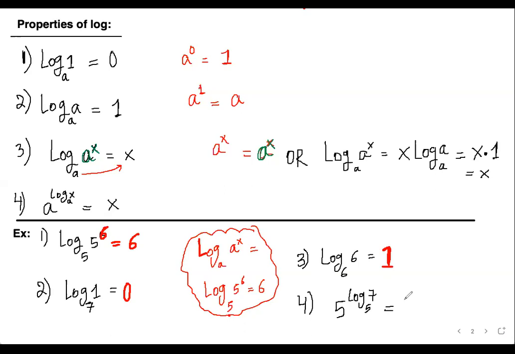My a is 5 and my x is 7. So the answer is 7. Yes, correct.